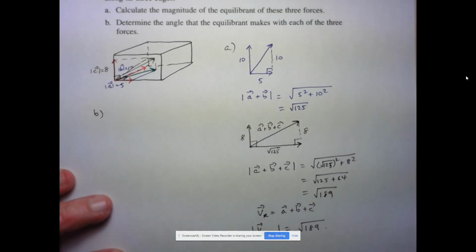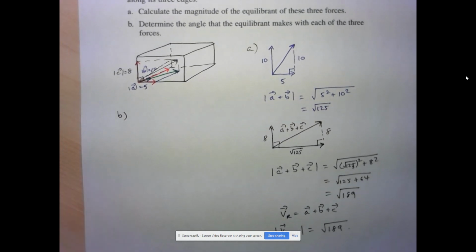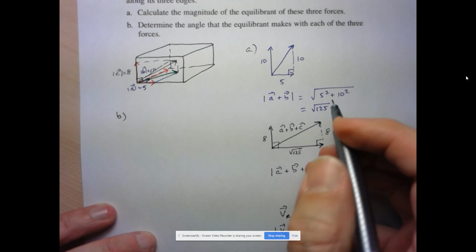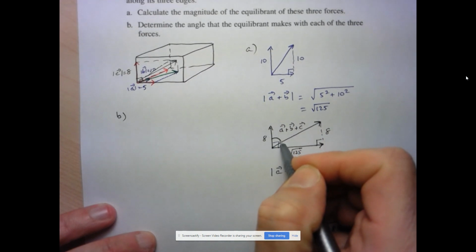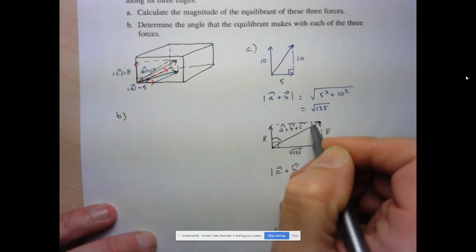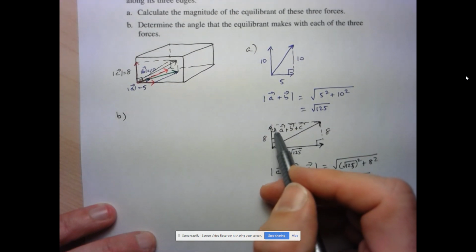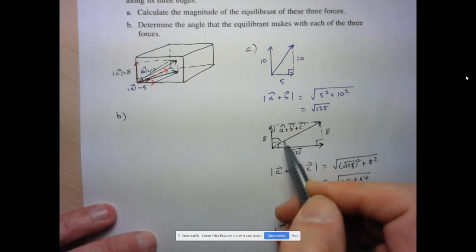Okay, so let's go back to our problem in here. Once I find this resultant vector, I see that this angle is part of a right angle triangle between one of the original vectors and the resultant vector.